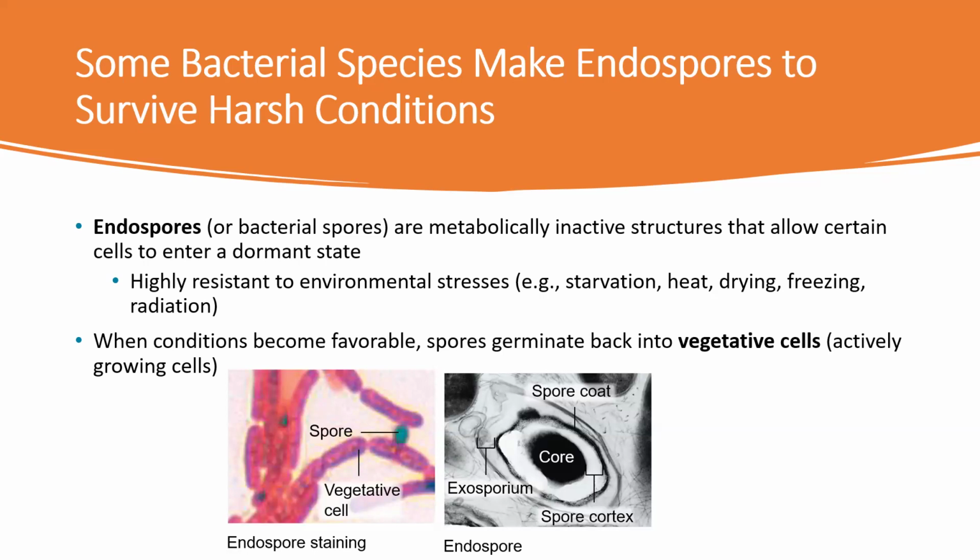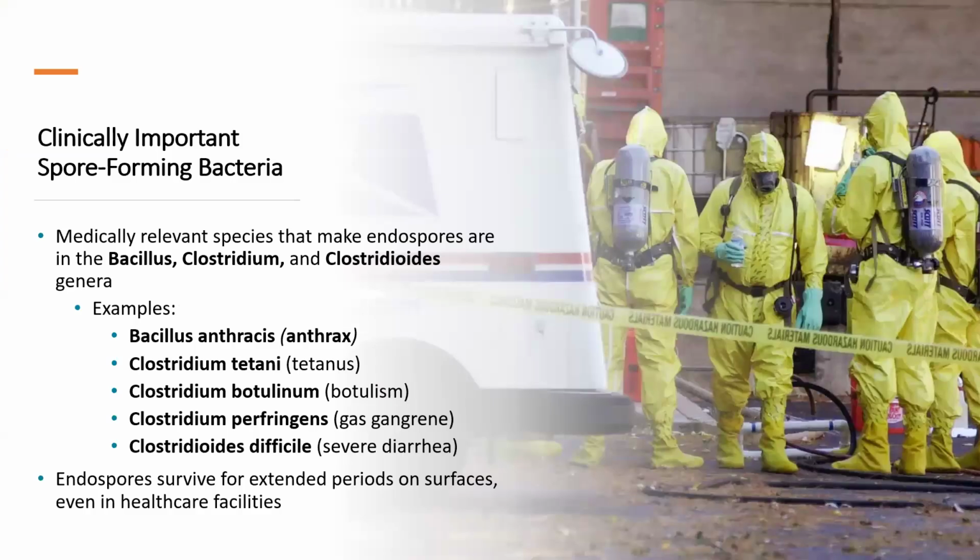So just as a quick check on terminology, vegetative cells are cells that are actively growing, and then cells that are sporulating are turning into spores, and then spores, of course, are just the dormant, protected cells. And so there are some clinically important spores.